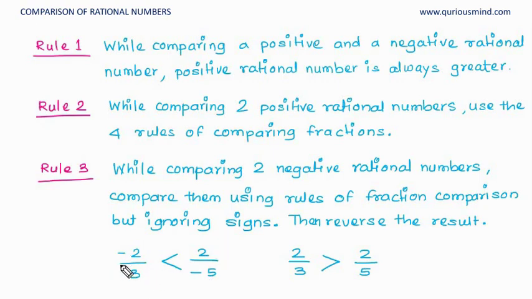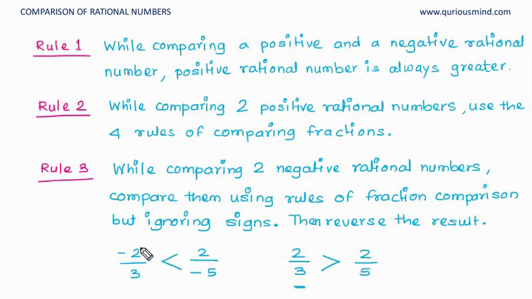So what I did, step 1, I forgot the signs and I wrote the fractions without the sign. So 2 upon 3, 2 upon 5. Use the fraction comparison rule. Numerators are same, hence smaller the denominator, greater is the fraction. So 2 upon 3 became the greater fraction. So I wrote that here.